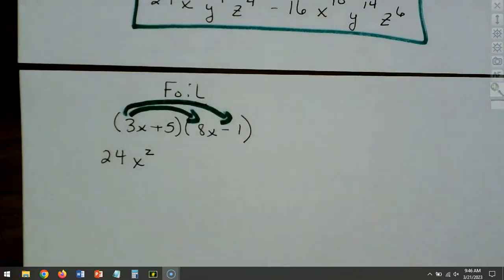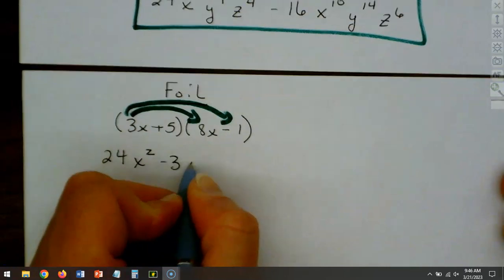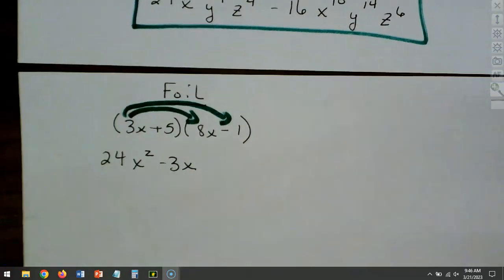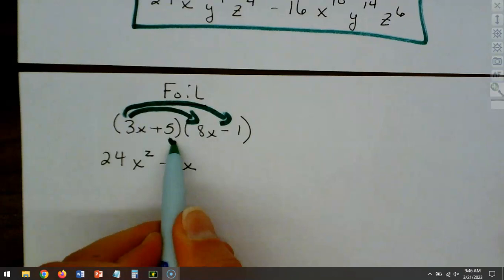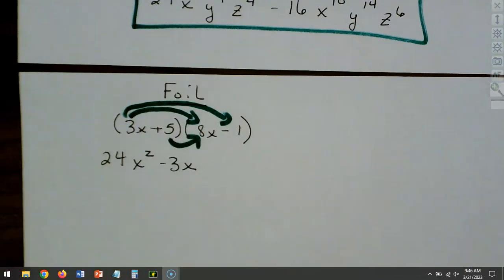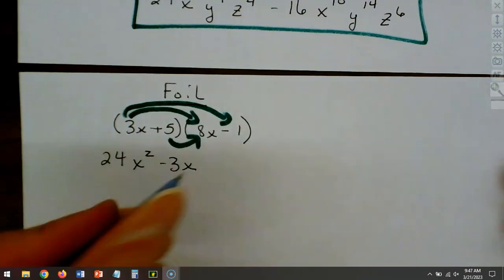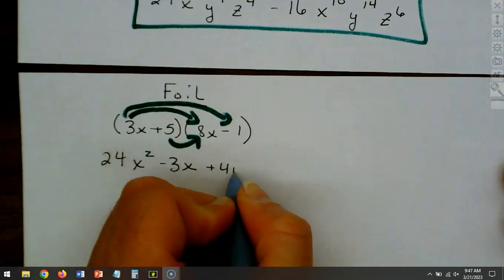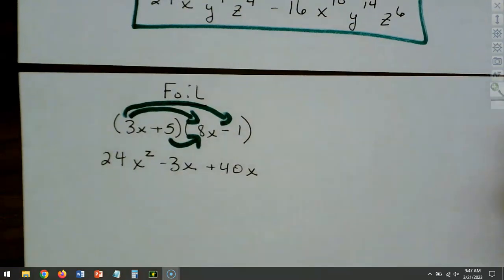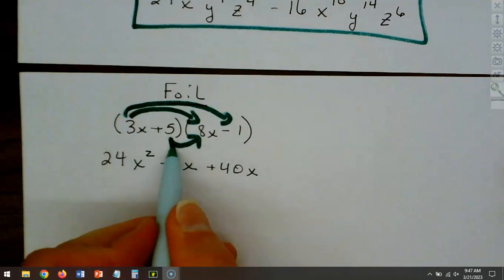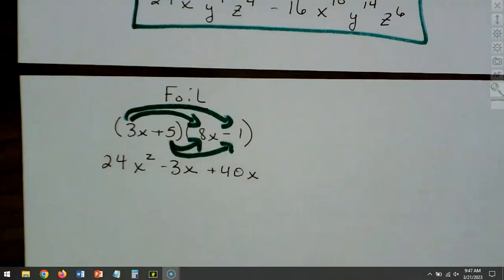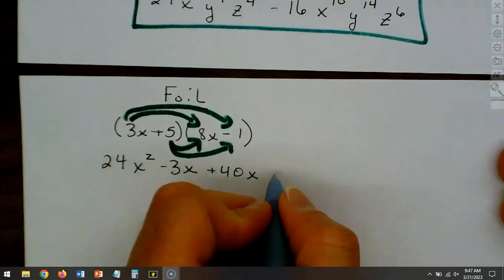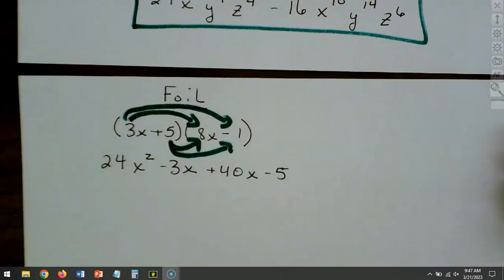Right? So that's 3x times a negative 1. So that's a minus 3x. Then we do the inside times the inside. And that's 5 times 8. That's a 40x. And then finally 5 times a negative 1. Well, that makes it then a negative 5.